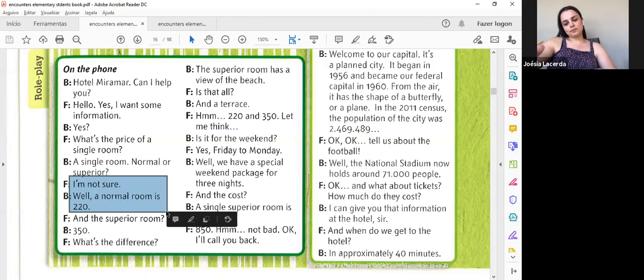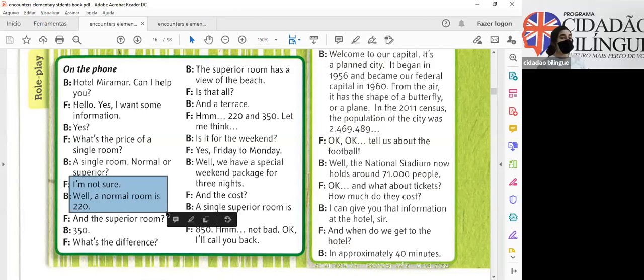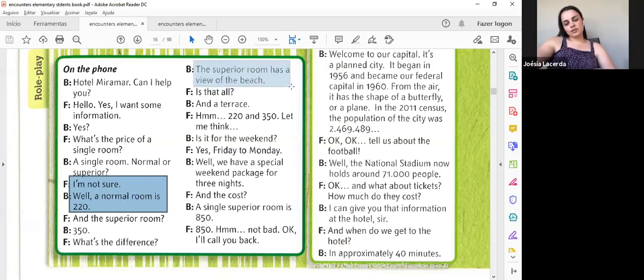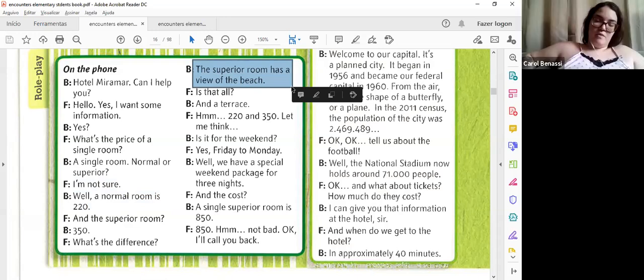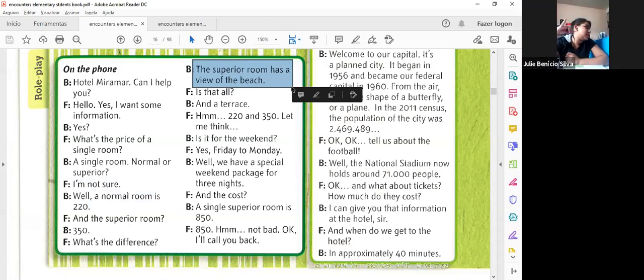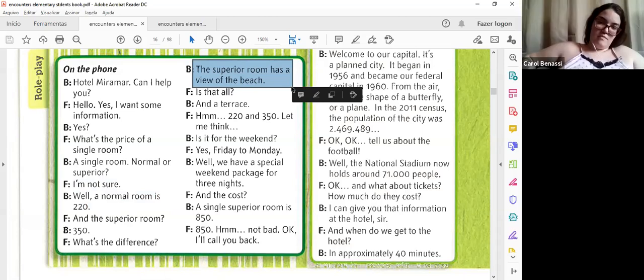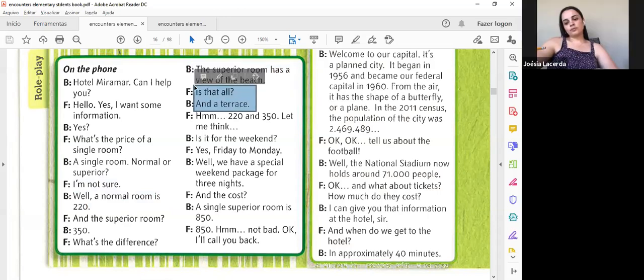What's the difference? The superior room has a view of the beach. Is that all?